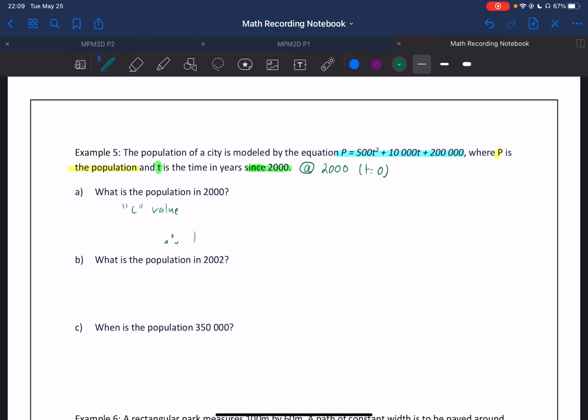Therefore, the population in 2000 is 200,000 people. Now, again, reason why we can say it's our initial value is the year 2000 is when this graph starts. So at the year 2000, our t is 0. So we could just sub in 0 for t, and we would still cancel these out and get 2000.